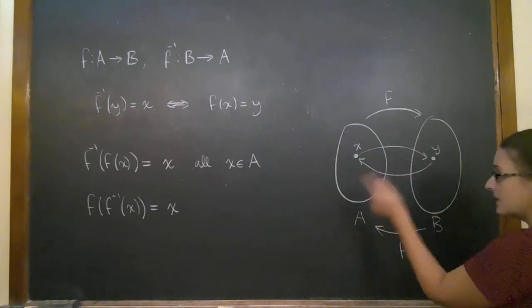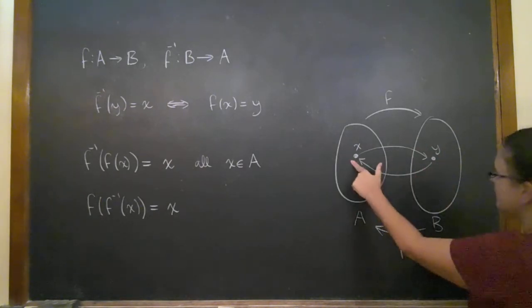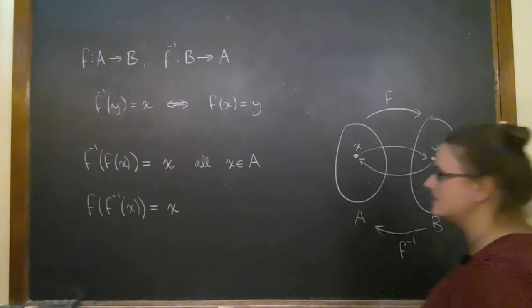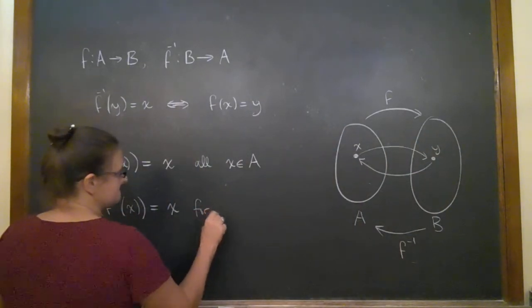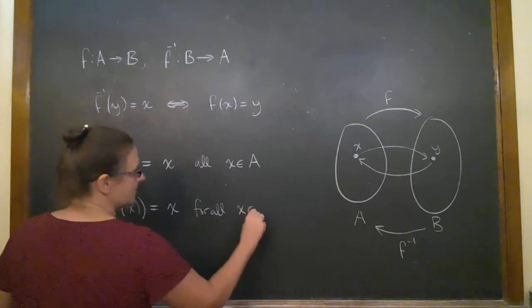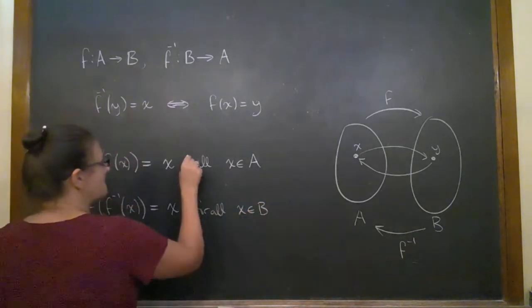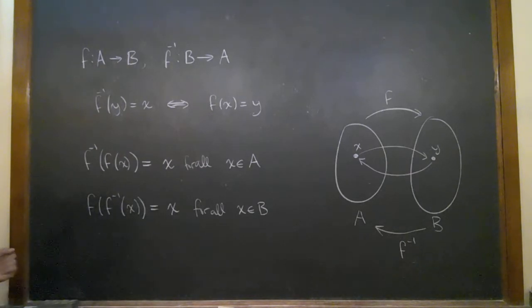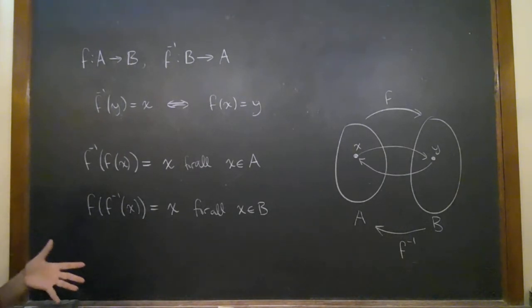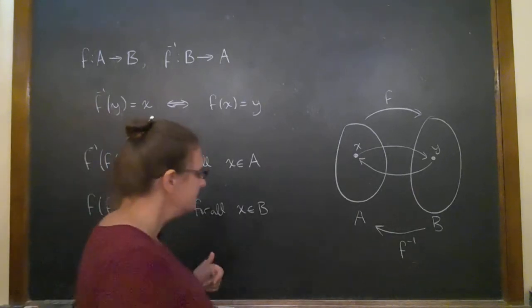So in the second one, I'm starting here, I go back over here, and then I go over here. I end up with the same thing. But those would be the ones in B.